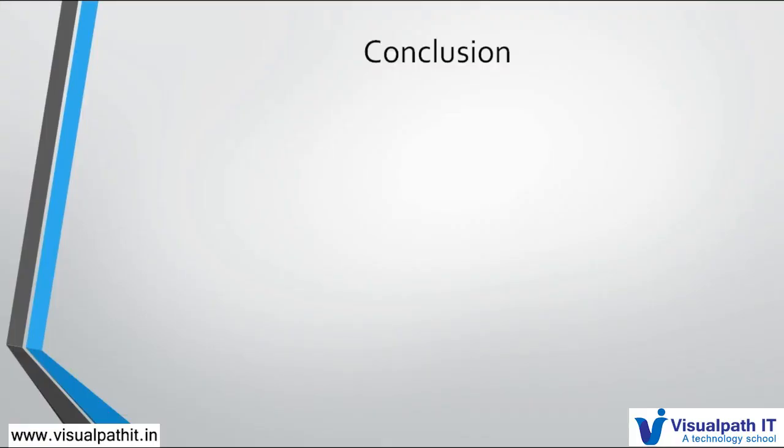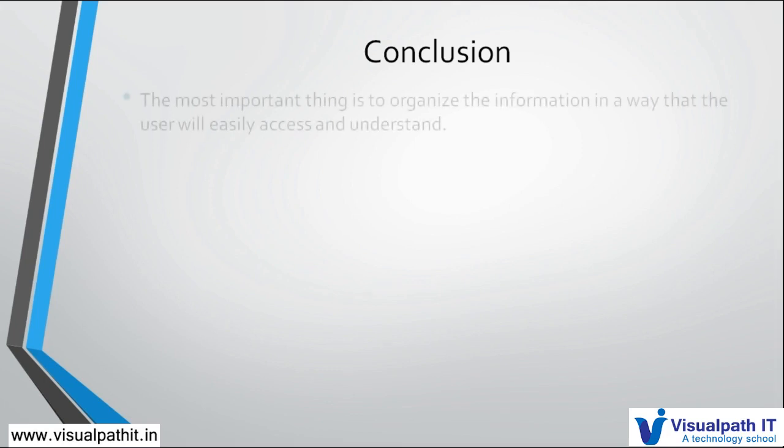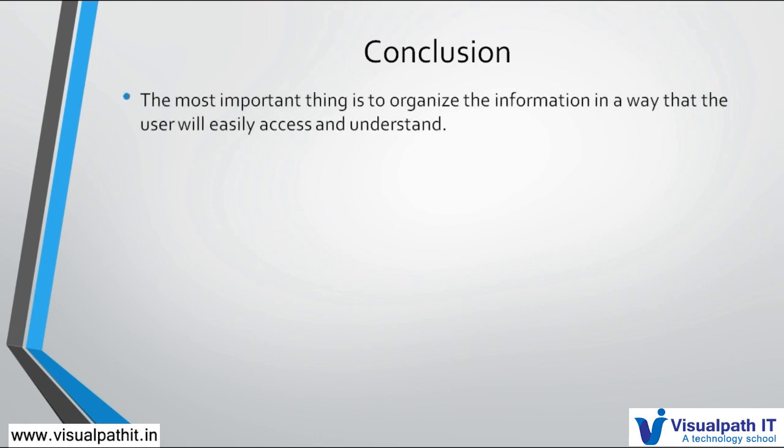Okay, now let's see what else we have learned and let's conclude. The most important thing is to organize the information in a way that the user will easily access and understand. Organize and prioritize content in the interface clearly for user designing. Apply a well-known technique called visual hierarchy.